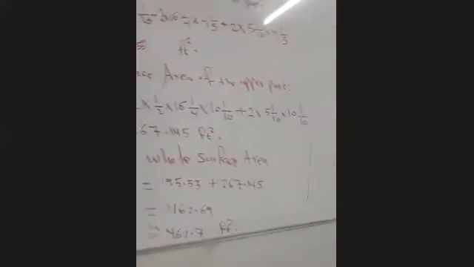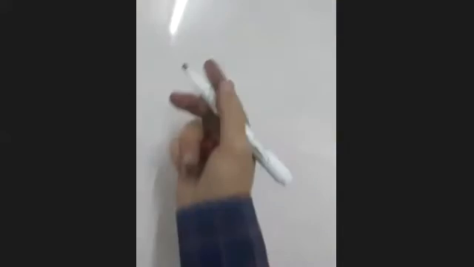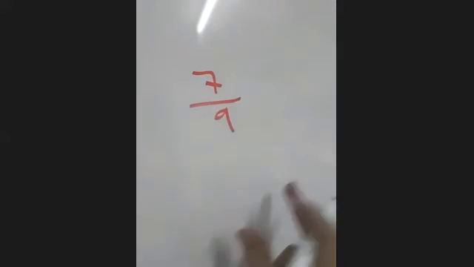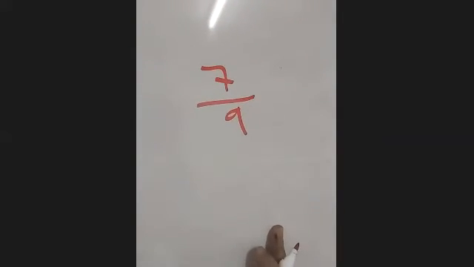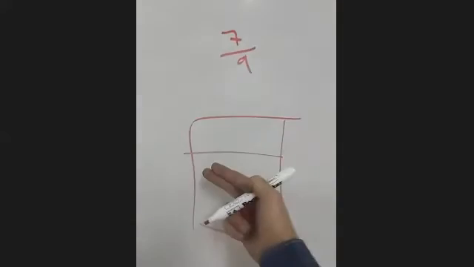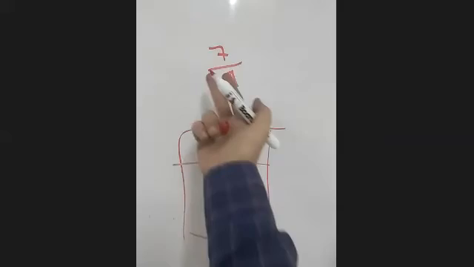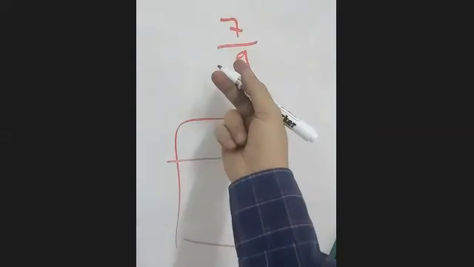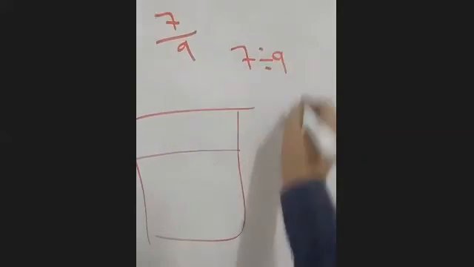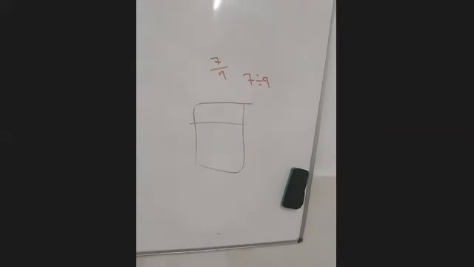So anyway, guys, even if you cannot put the fraction in the calculator, but you have a fraction like 7 over 9, what will you do? The fraction is division. 7 divided by 9. Put it in your calculator and show me what you will get.